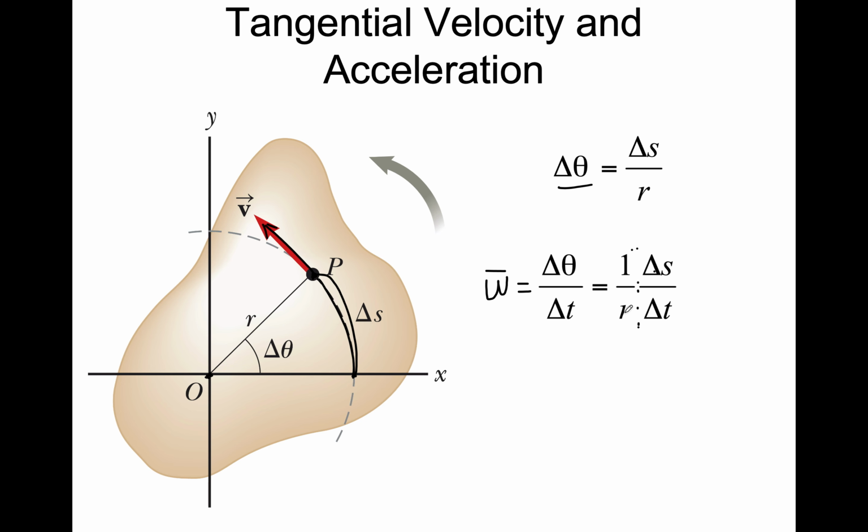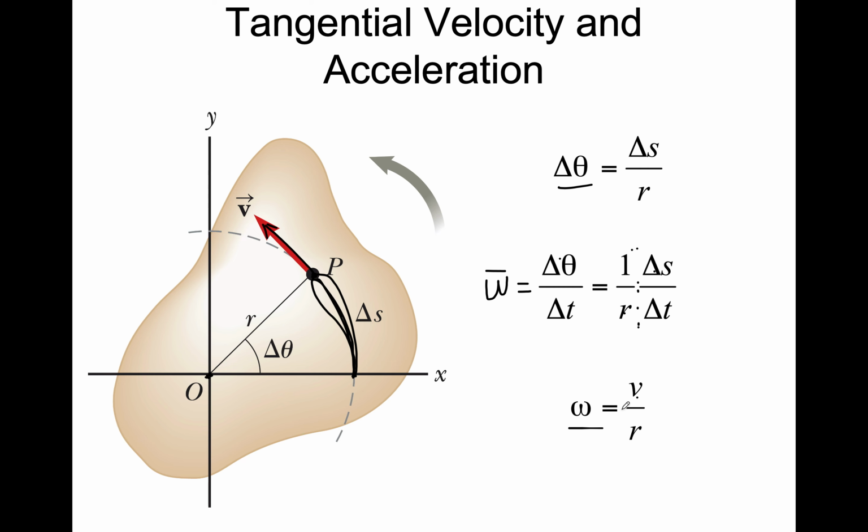So delta s over r gives us delta theta divided by delta t. Now we do know what delta s over delta t is, right? Delta s over delta t would be the velocity.